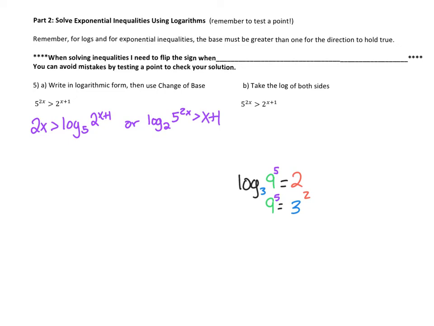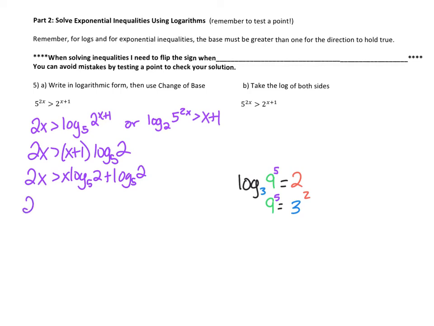So the first thing I'm going to do is drop down my exponent on the right-hand side. So I have 2x is greater than (x plus 1) log base 5 of 2. Then I'm going to follow the same steps that I did before. So I need to distribute to get x log base 5 of 2 plus log base 5 of 2.